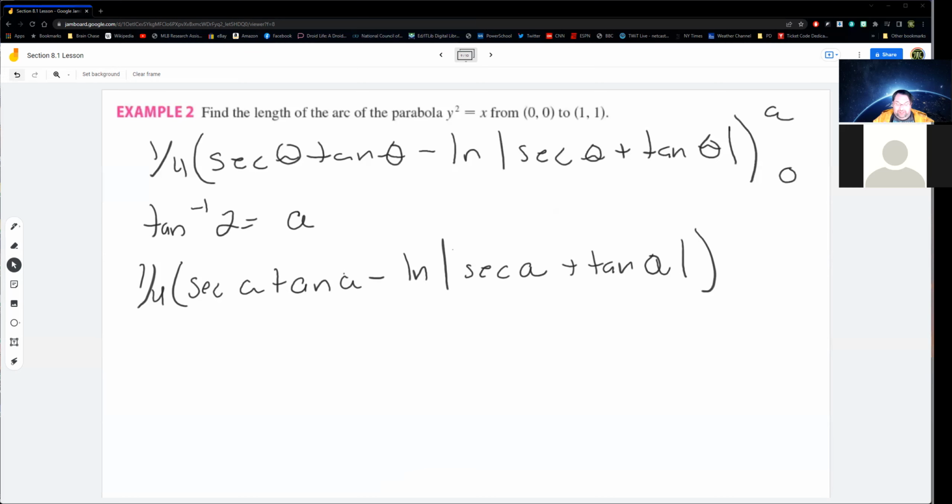So I need to figure out what tangent of A is and secant of A is. Tangent of A is just 2. That makes sense?